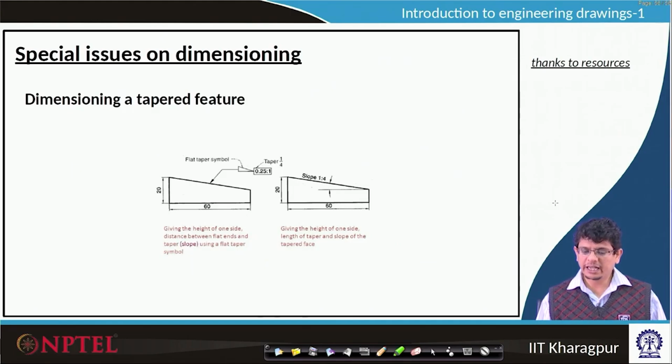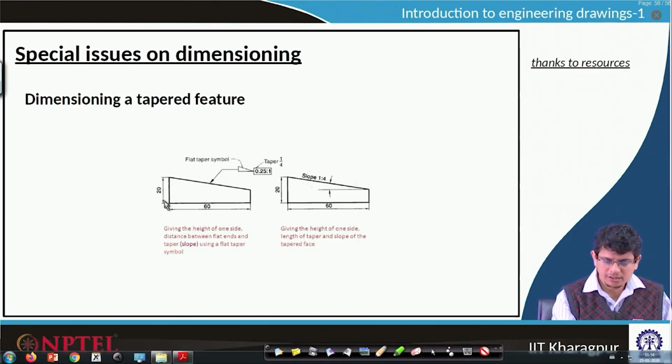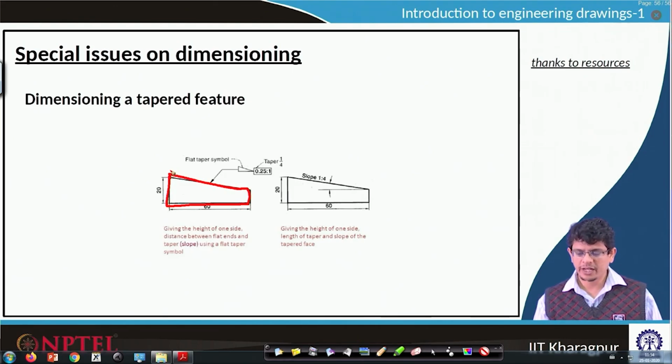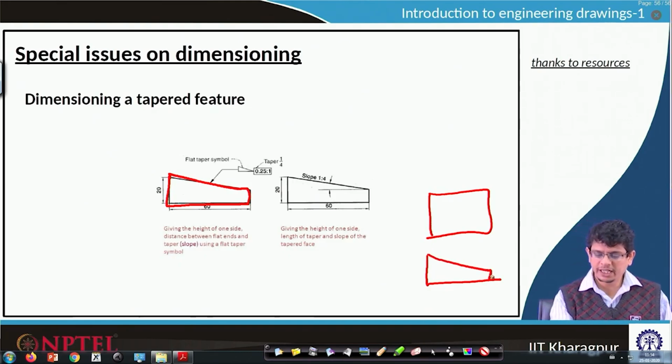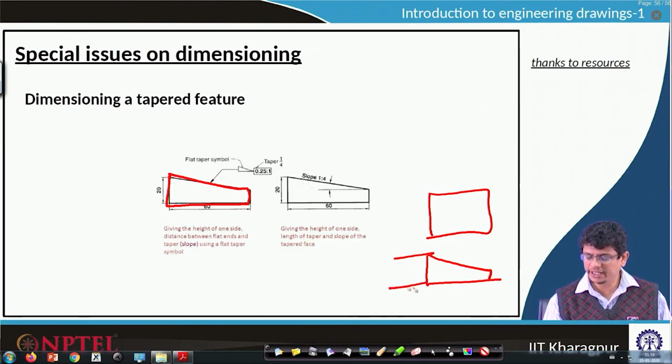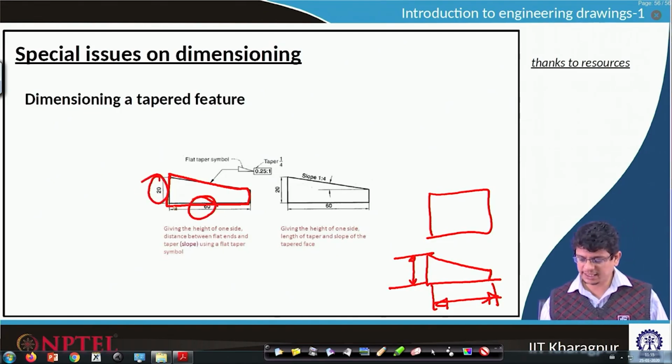If there is anything like tapered features, for example, here we have a tapered feature. Instead of having a rectangle, perhaps the object might have such a feature. In that case, we show its height and also its length, 20 units and 60 units.